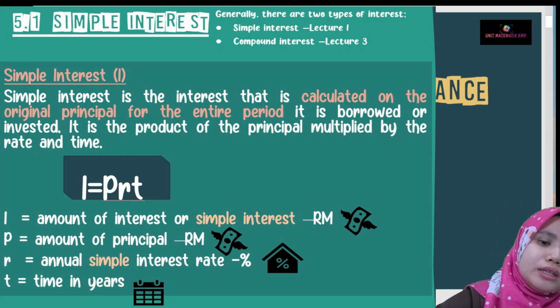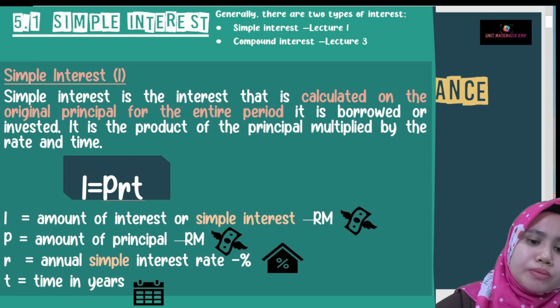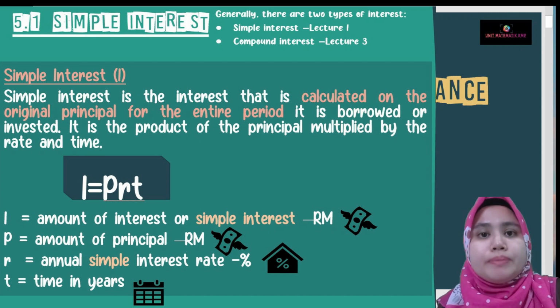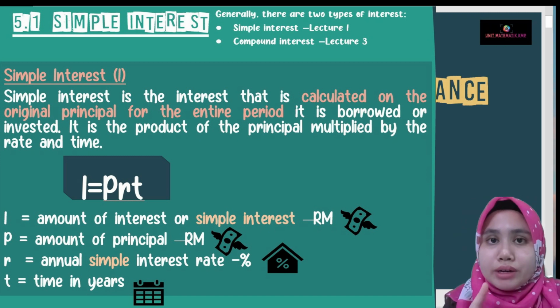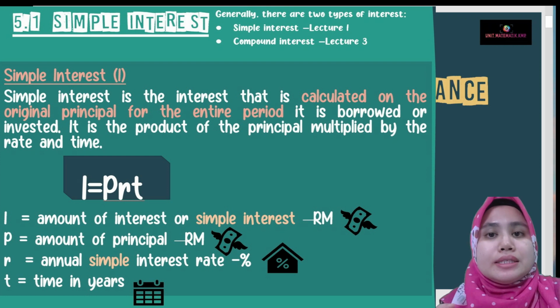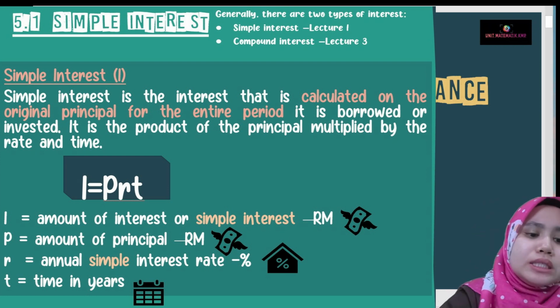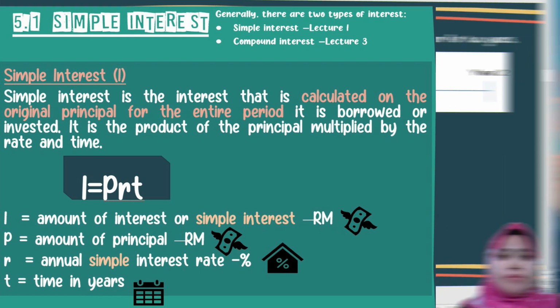Do you see the relation between these two? Capital I is the amount, meaning RM. Small r is the rate, meaning percentage, and our time will always be in terms of years.